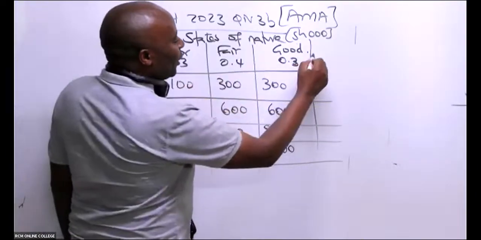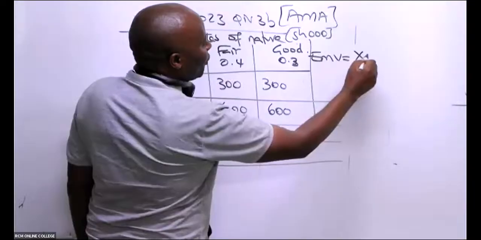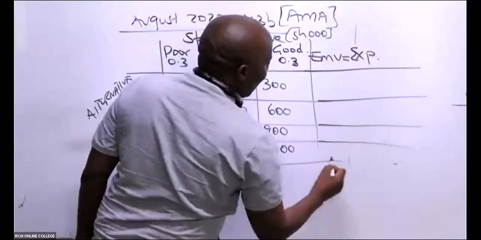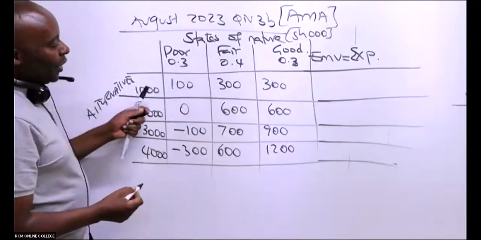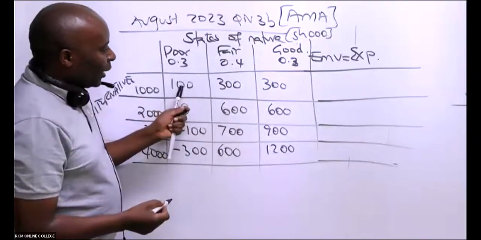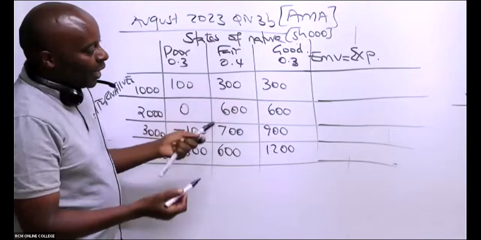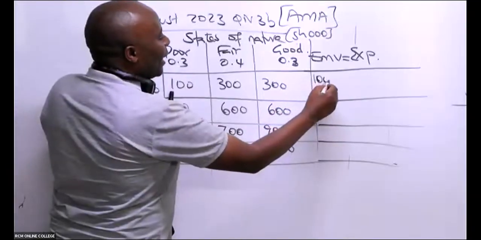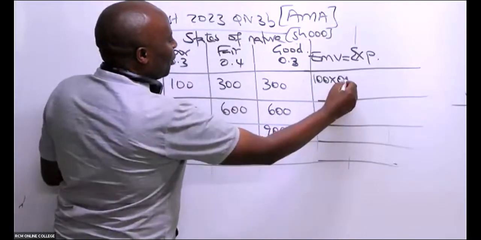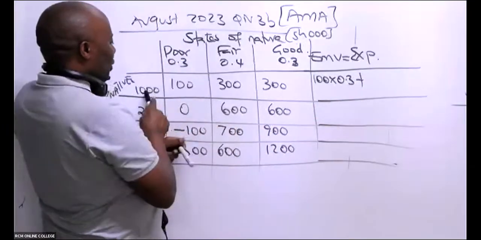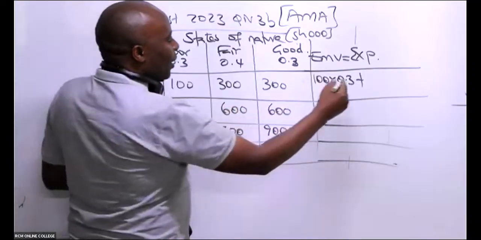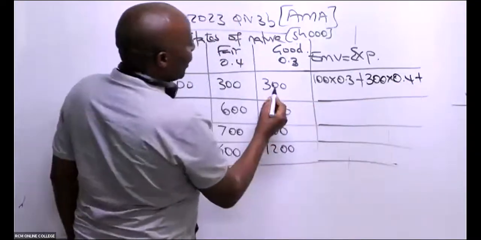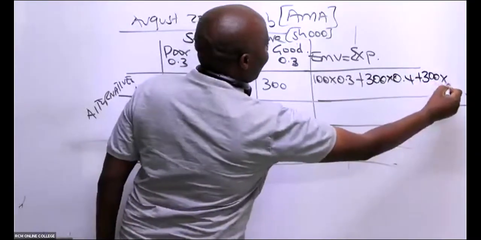So to get expected monetary value, we take the X values, the payoffs, the profits, multiply them with their respective probabilities, and then sum. For the first alternative, I either get 100 at this probability, times 0.3, or I can get 300, times its probability, 0.4, or this 300 times 0.3.